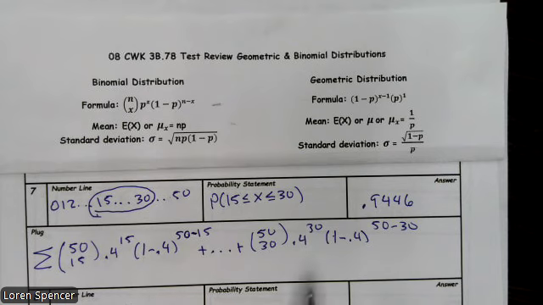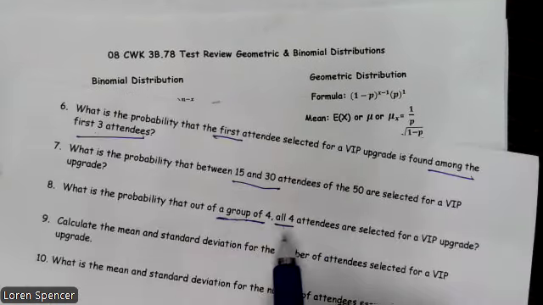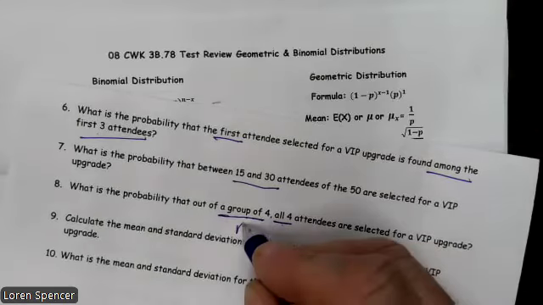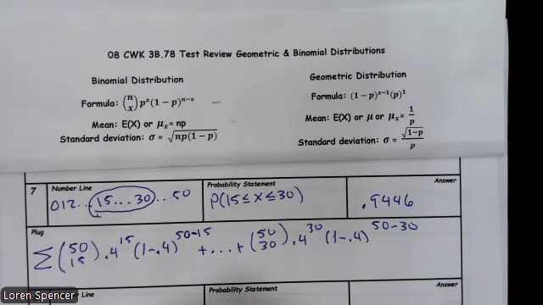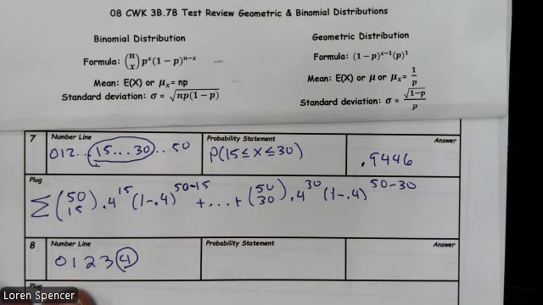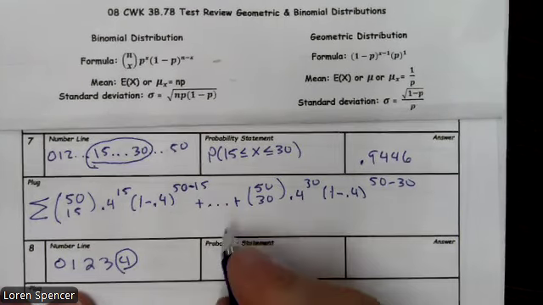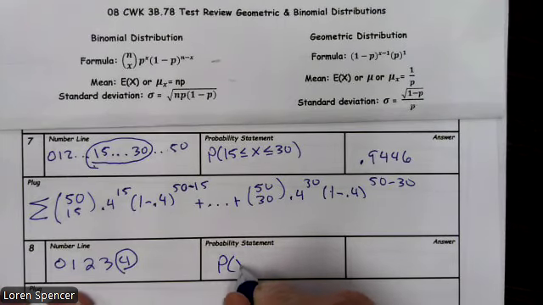It doesn't go to 50 because they said we had a group size of 4. So in this case, N is 4. Don't want to forget that. And they want all 4. So we're circling the value 4. My probability statement is the probability that X equals 4.